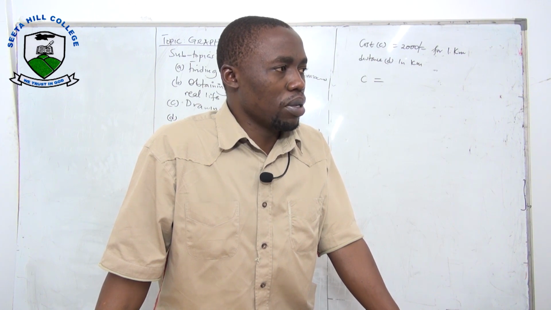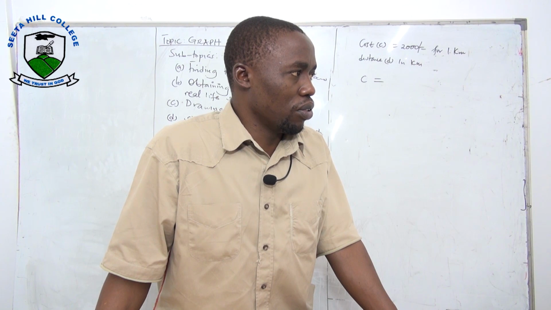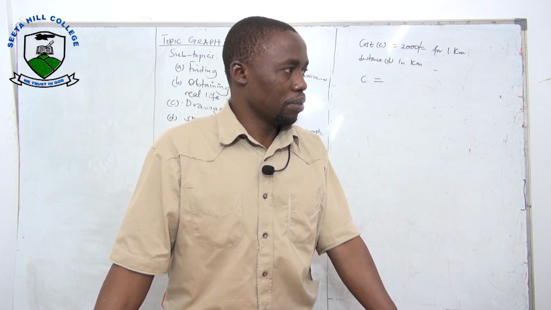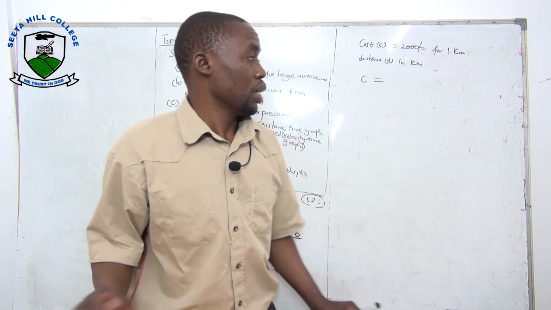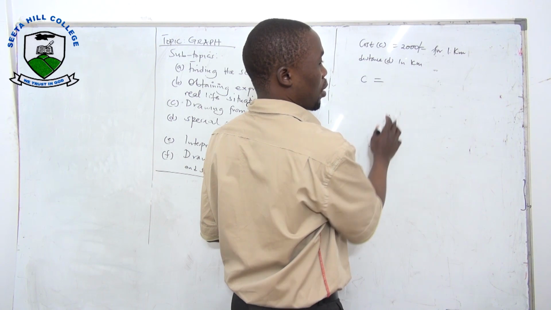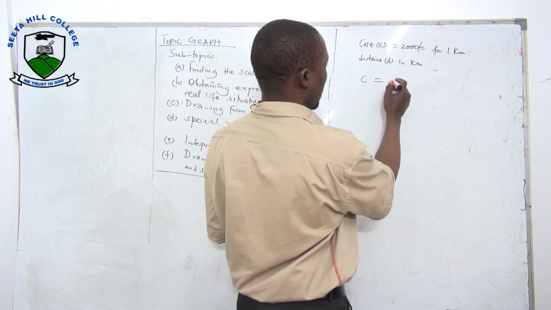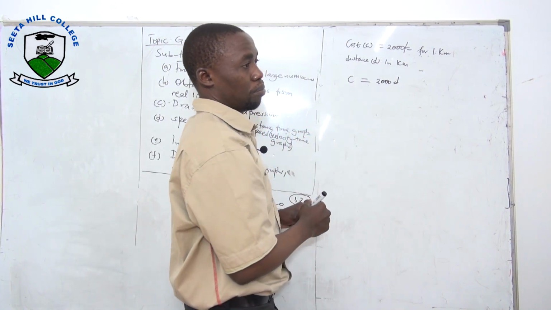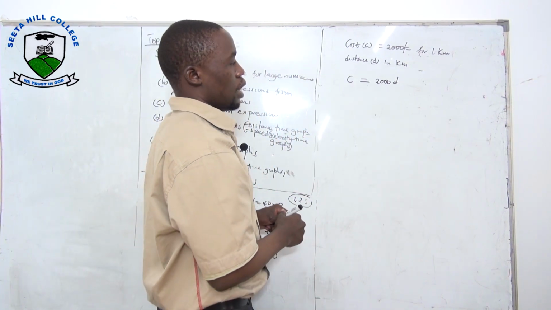How would somebody get the cost for any distance? By multiplication. That means the cost is always the cost for 1 kilometer times the distance. That's 2,000 D. Clear?